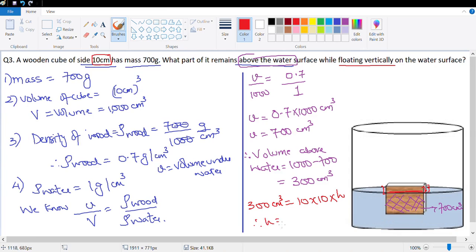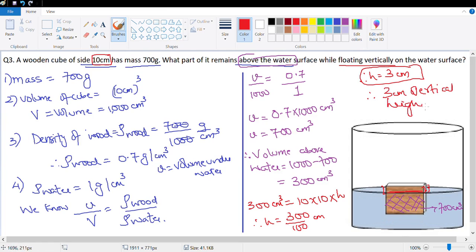Therefore h will be equal to 300 upon 100 centimeter. Therefore h is equal to 3 centimeter. Therefore 3 centimeter vertical height will be outside the water.